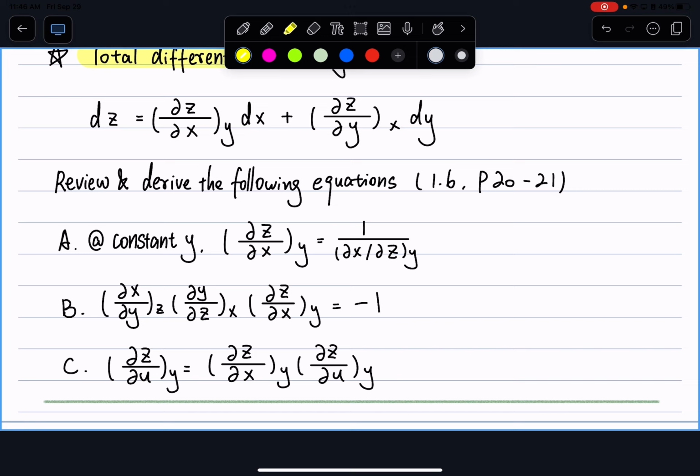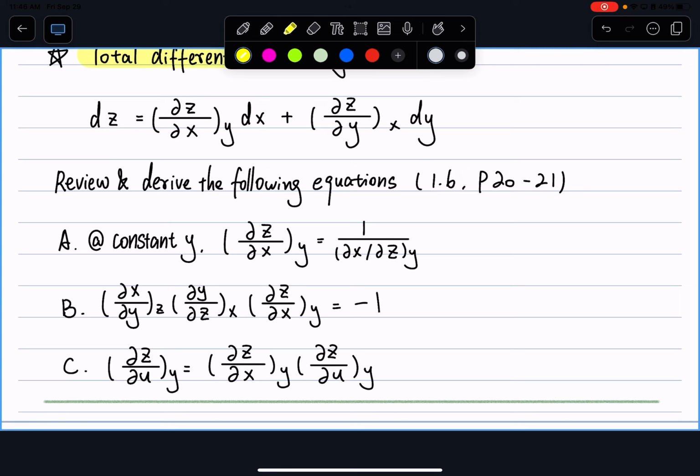There are also some very important equations we will be using, especially when we start talking about Gibbs equations. If you don't remember them, it's fine, but have them handy and know when and where to use them.